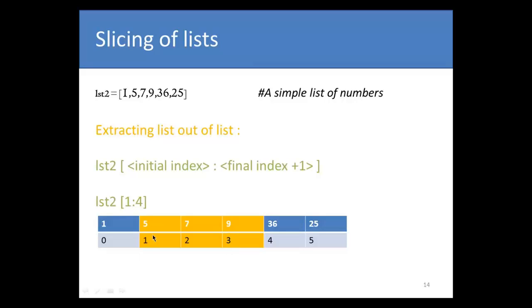So it will give me the output as the elements at index 1, 2 and 3, excluding 4. So here is how we slice the list.